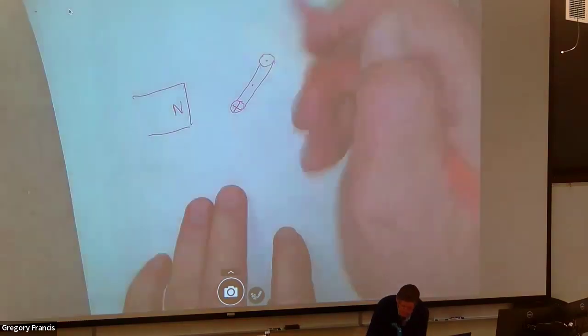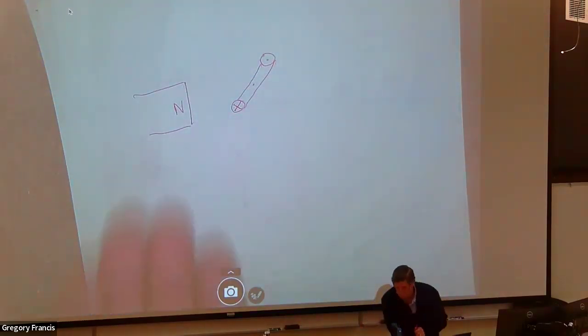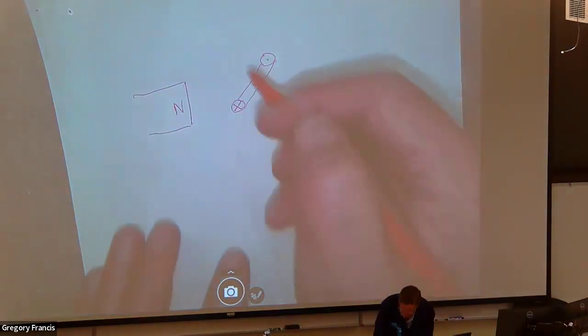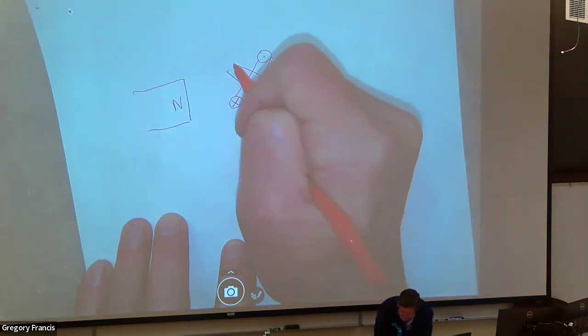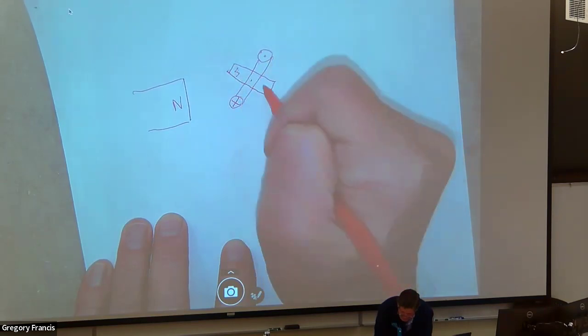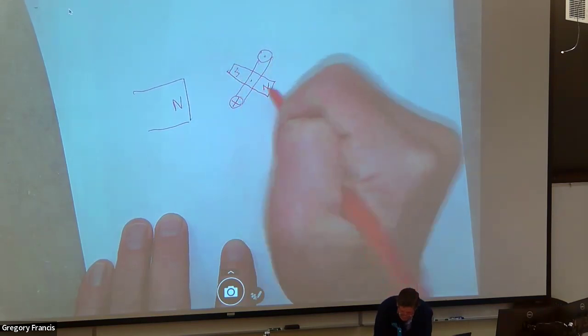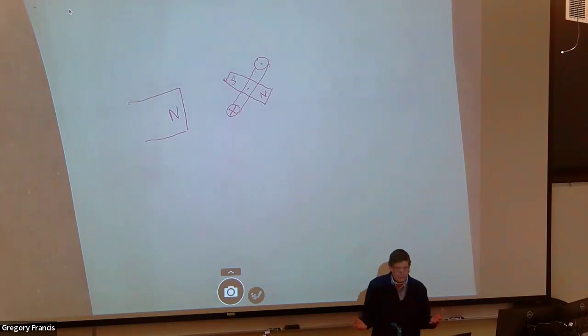The first thing you do is you use your right hand rule to replace this with a bar magnet. And then you go one step further and say, well, if a bar magnet can rotate about its center, well, that's a compass needle.